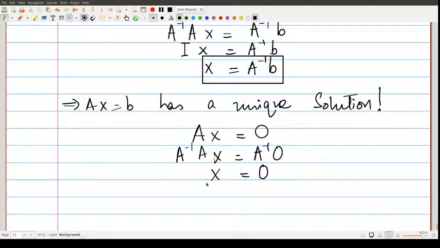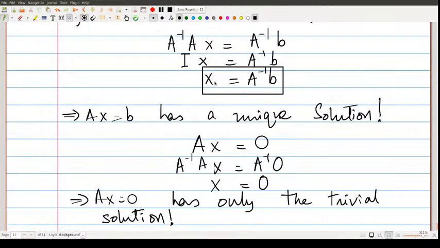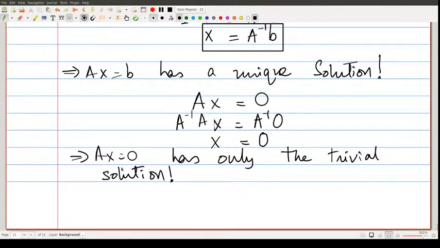So this tells me that Ax equals 0 has only the trivial solution. So we found some important facts: when the inverse exists, then Ax equals b has a unique solution, and Ax equals 0 has only the trivial solution.